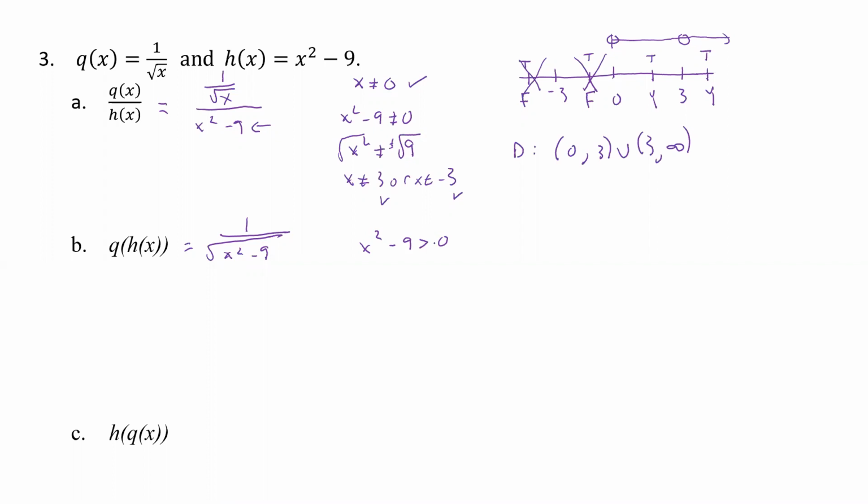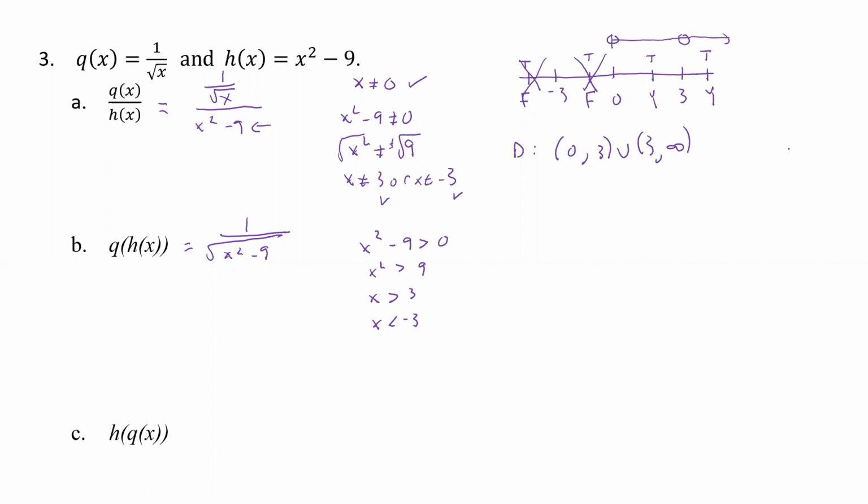Normally we would do greater than or equal to, but this time, because we can't have 0 in the denominator, it's just strictly greater than. So then that gives us x squared is greater than 9. And so when we take the square root of both sides, x is going to be greater than 3, or x is going to be less than negative 3. And that has to do with how inequalities work with the greater than and taking square roots.